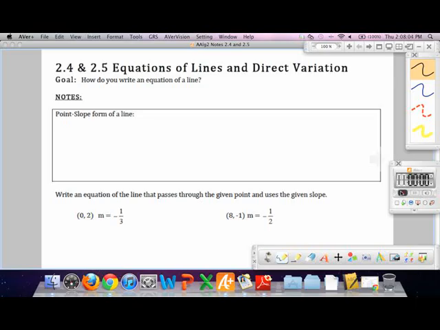To write the equation of a line would be to write it in point-slope form. Point-slope form, if you recall, looks something like this.